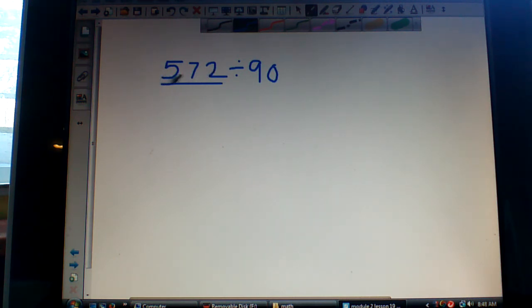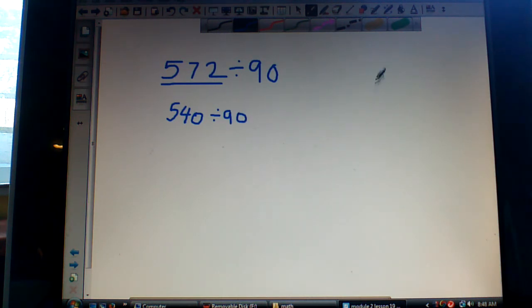So what number is close to 57 that's easily divisible by 9? So we think about it. 60, no. 50, no. 55, no. Oh, but 54 is. So 540 divided by 90 would be easy for me to divide.